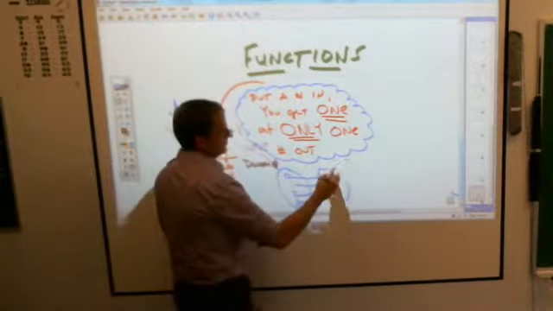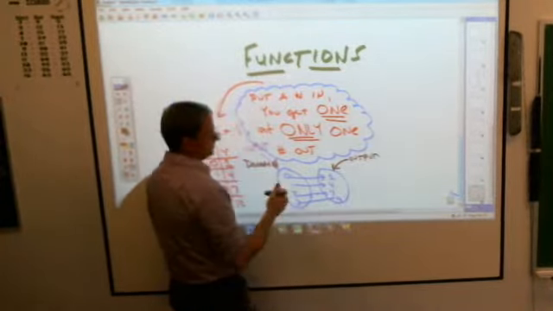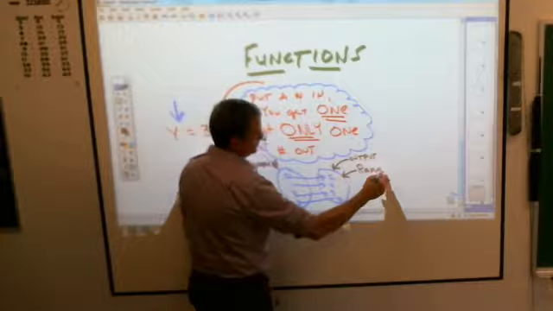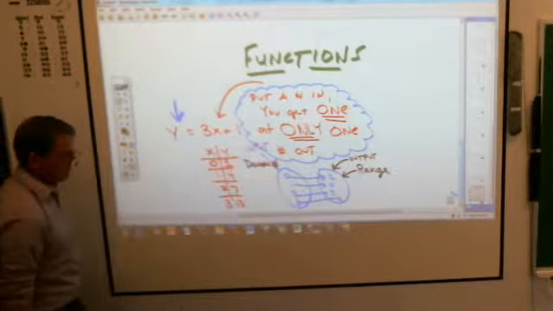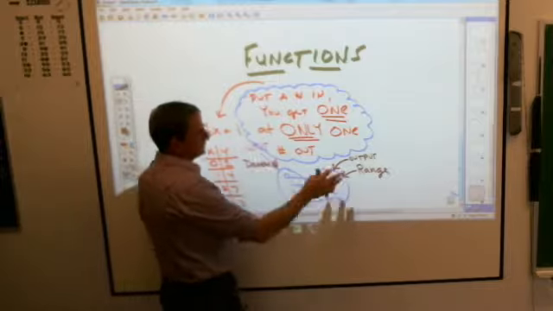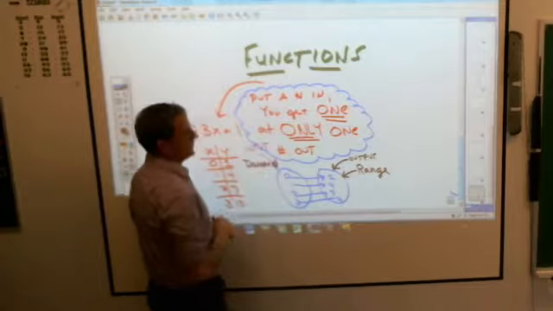The output number is the range number. Which means I could put these words into my little things. If you put a domain number in, you get 1 and only 1 range number out.